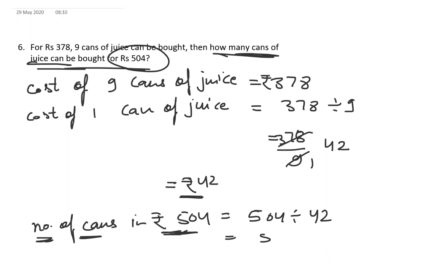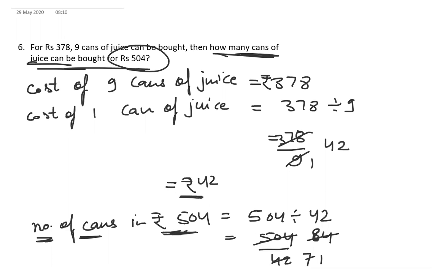So 504 divided by 42, beta, what is the answer? Can we divide by 6? 6 sevens are 42, 6 8s are 48, 2 carry, 6 4s are 24, 7 1s are 7. Okay, there is some mistake.